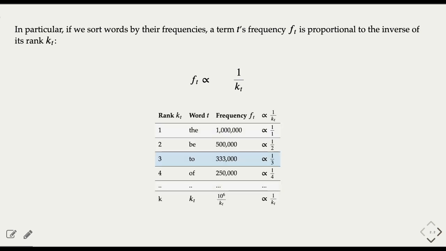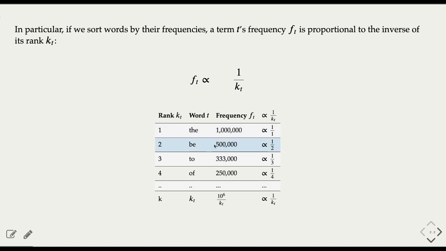Let's look at an example here. Suppose you have a large collection of documents and you count the frequencies of each individual word. Most likely the word "the" in the English language will be the most frequently used term. Suppose "the" appears 1,000,000 times, ranked number 1.